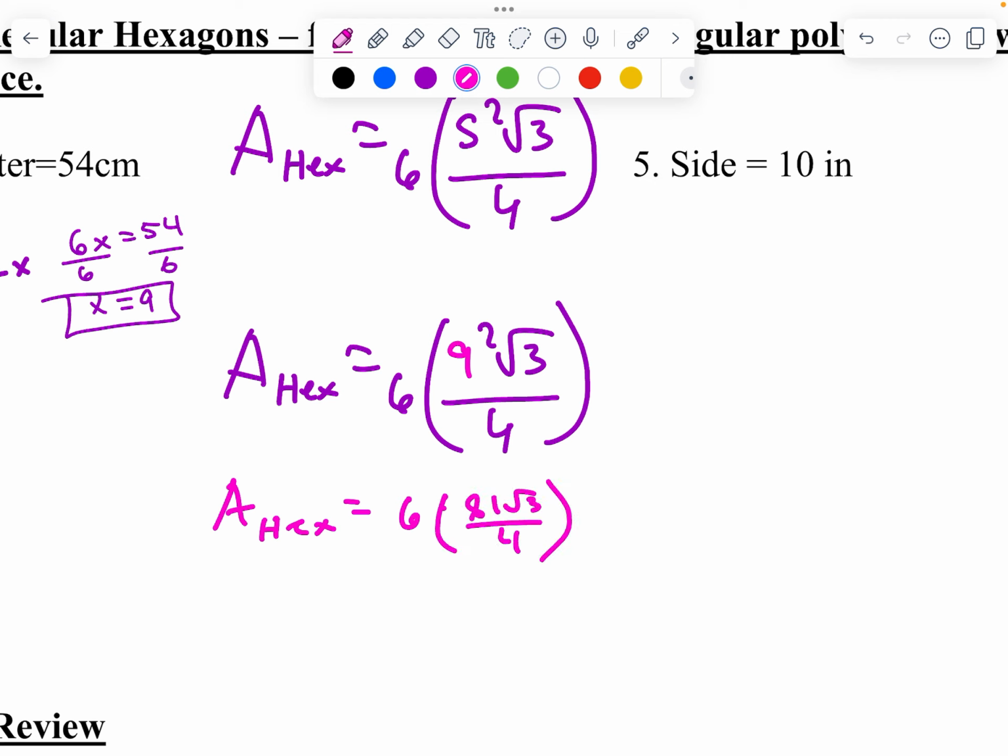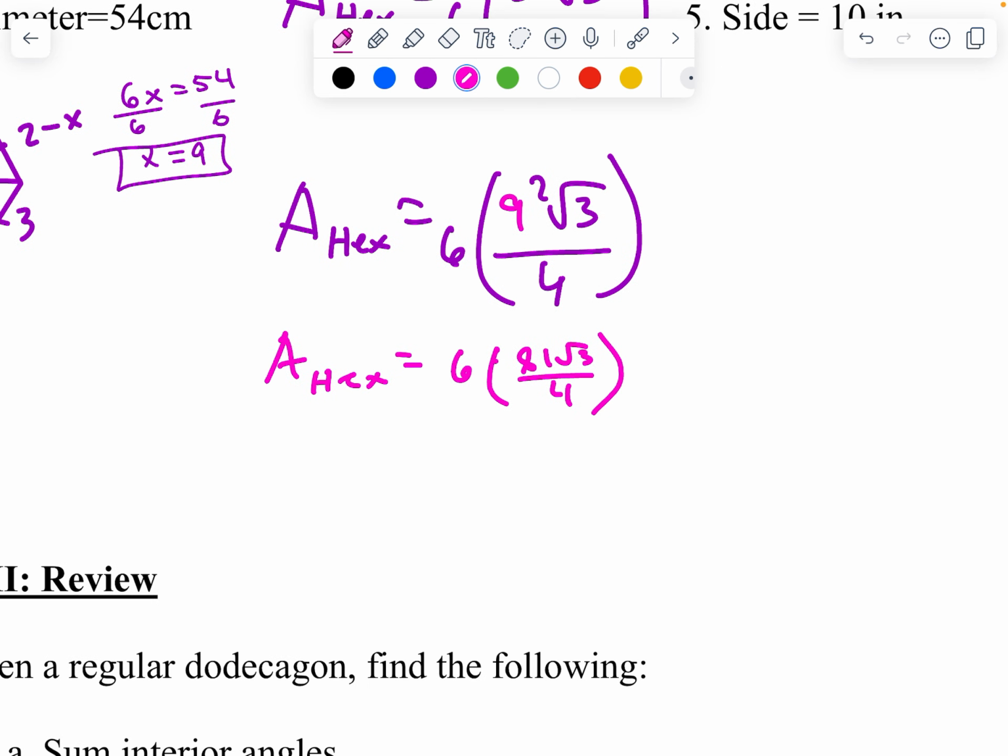I'm going to plug that into the calculator to see if it gives me a reduced fraction, and it's not, it's already fully reduced. So now I'm going to take 81 and turn this into a fraction, 6 over 1, and just multiply across. So 6 times 81 gives me 486 root 3 over 4.